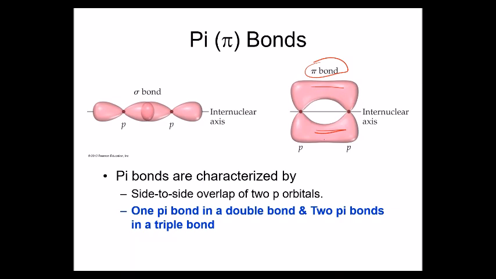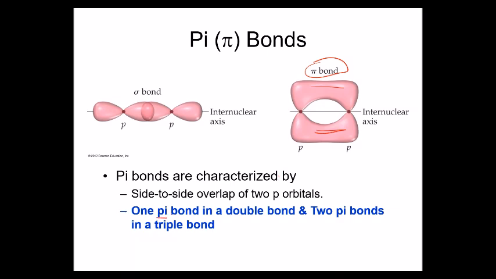Pi bonds are weaker than sigma bonds. But if you add a sigma and two pi bonds to make a triple bond, the overall bond is pretty strong, all three of them together. Still, sigma bonds are definitely stronger than pi bonds because they're on that internuclear axis, with more Coulombic attraction.